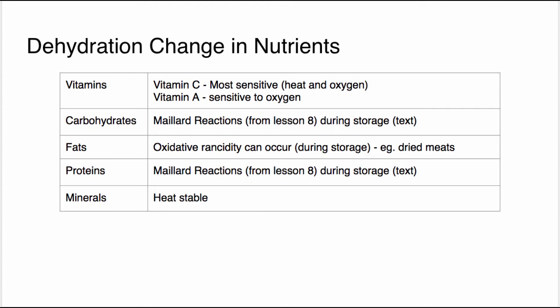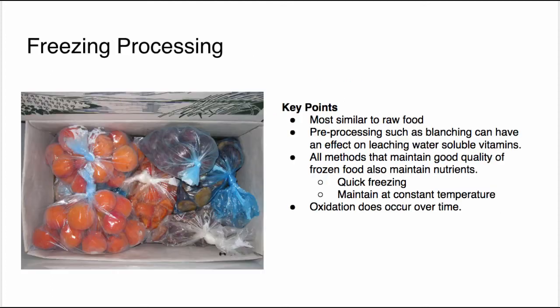So this can be sort of browning that happens, that you'll notice in older dehydrated or dried fruits. Fats can have oxidative rancidity occur during prolonged storage, so something to keep in mind with dried meats. And minerals are very heat stable, so they're not affected very much by dehydration. So you can read more about dehydration and the Maillard reaction in Lesson 8.